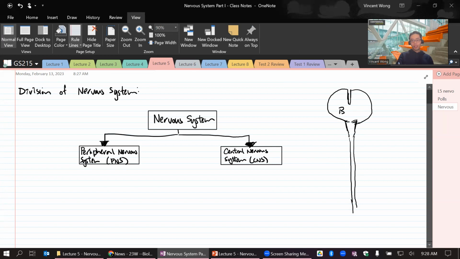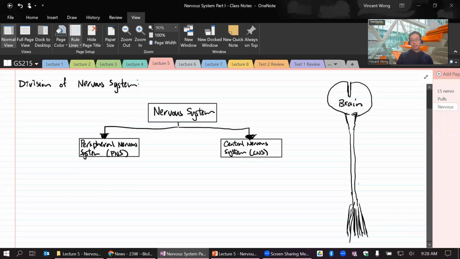Okay, so this is brain, and this is spinal cord. Did you know the spinal cord becomes like a ponytail at the end? It opens up and literally becomes ponytail looking. So that's CNS.